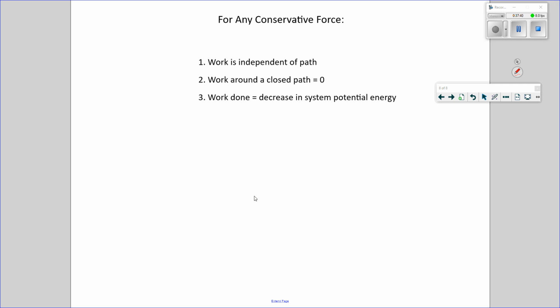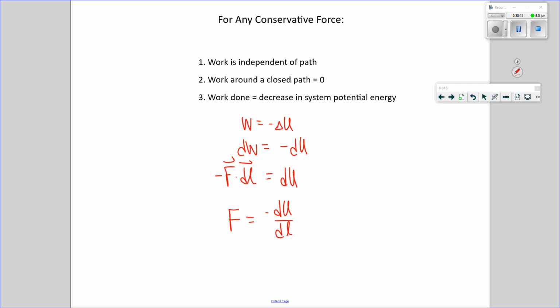For example, let's see. I can't remember how to do it, so I'm going to say this. Okay, dw is negative du. Here we go. du is negative f dot dl. Good. And we can also say that f is negative du dl.